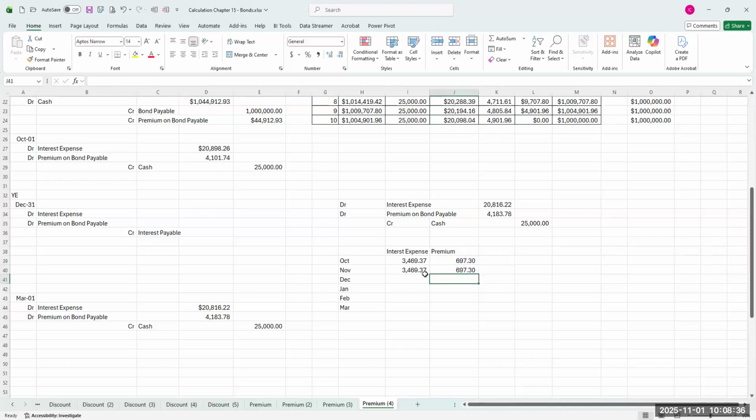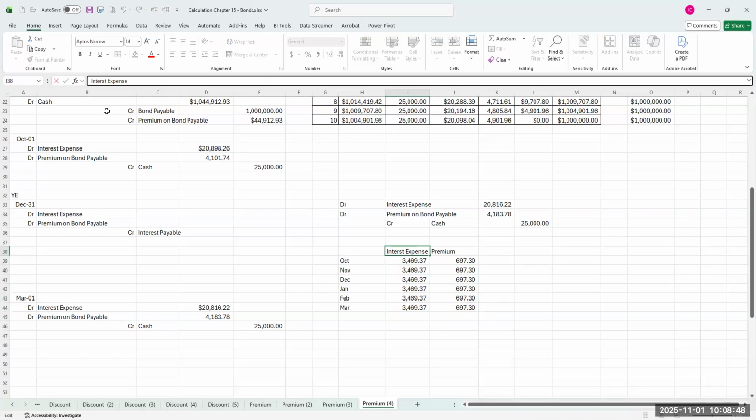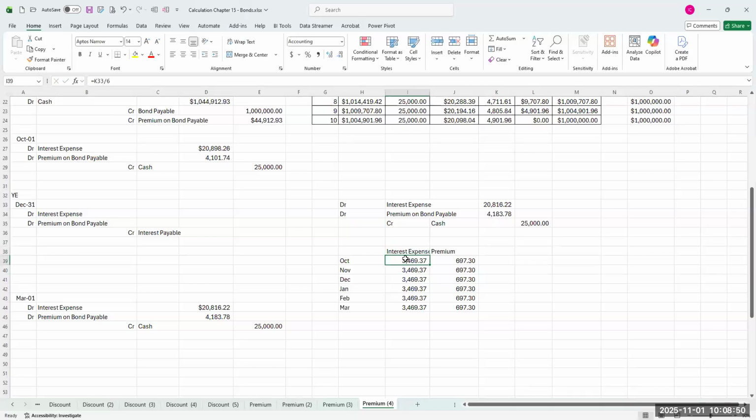Because at the end of the day, on March 31st, if I don't have the year end, my journal entry should be interest expense equal to 20,816.22, and the premium is gonna be 483.